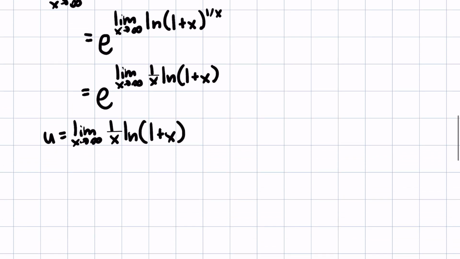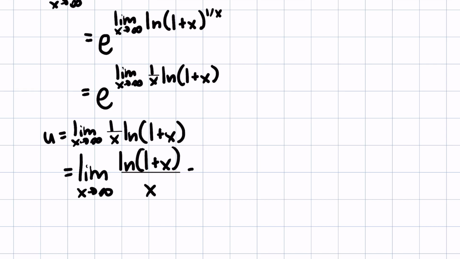And now we're going to solve for this like we would any other indeterminate product. We have to move one of the things in the product, either 1 over x or ln of 1 plus x, into the denominator by taking its reciprocal. Now, 1 over x is already in its reciprocal form, so I'm just going to do that. So I'm going to turn this into the limit as x approaches infinity of the natural log of 1 plus x over x.